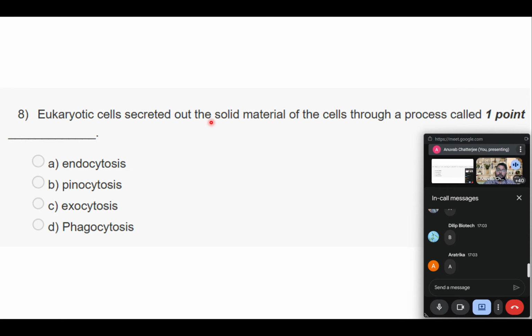The next question is: eukaryotic cells secrete solid materials out of the cell through a process called blank. Options are endocytosis, pinocytosis, exocytosis, and phagocytosis.